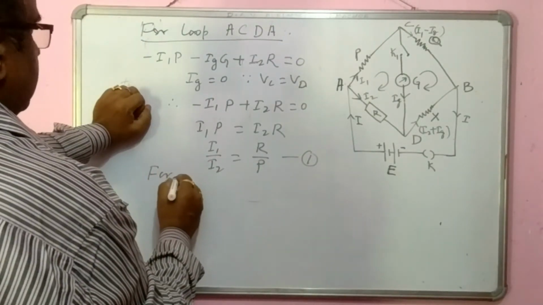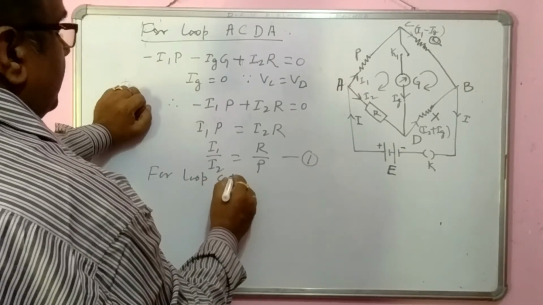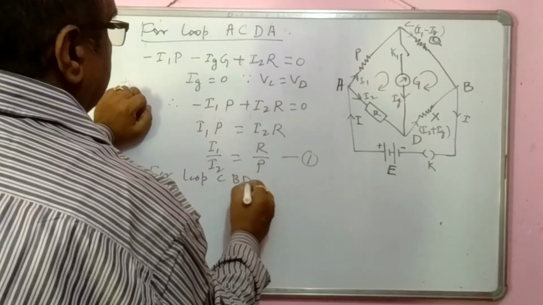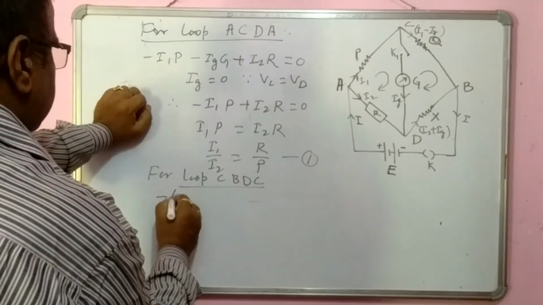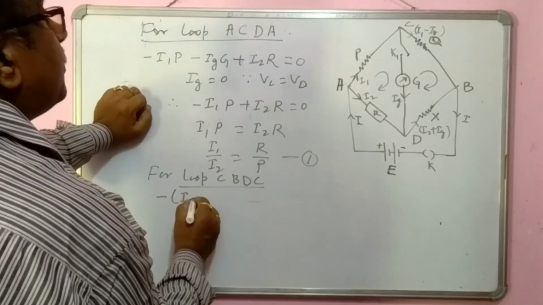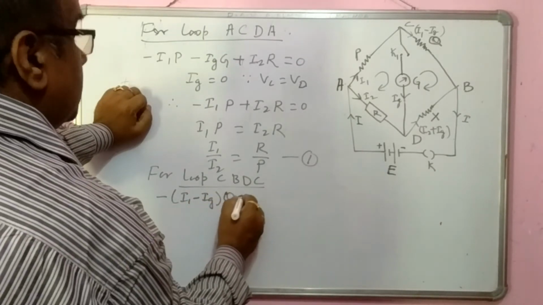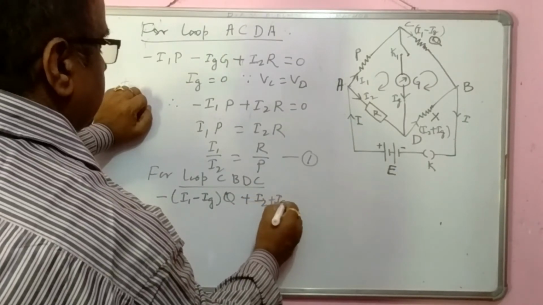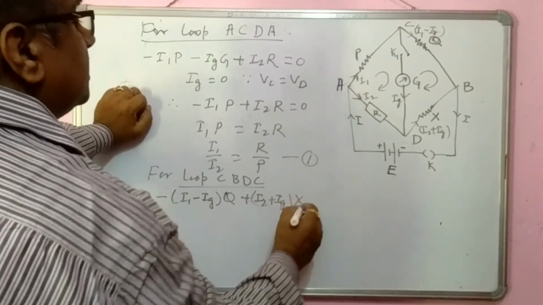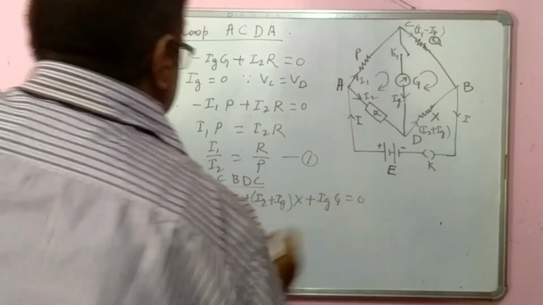Now we use Kirchhoff's law for loop C, B, D, C. Again we write minus (I1 minus Ig) into Q plus (I2 plus Ig) into X plus Ig into G is equal to 0.